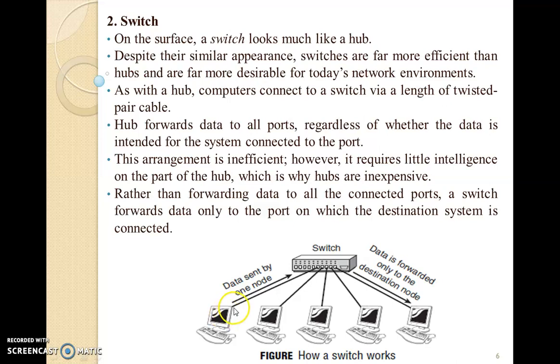If this node sends data via the switch, the switch will find out the MAC address or the exact IP address of the receiver machine, and instead of forwarding that traffic to each and every node, it just sends that information to the destined node or the required node.